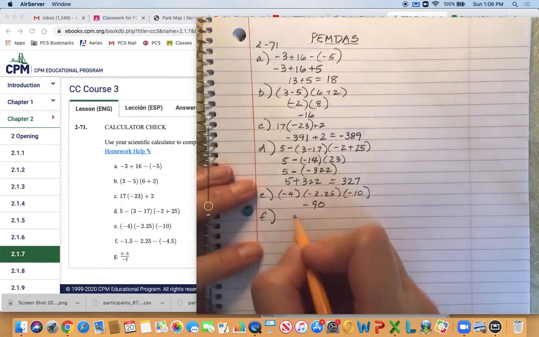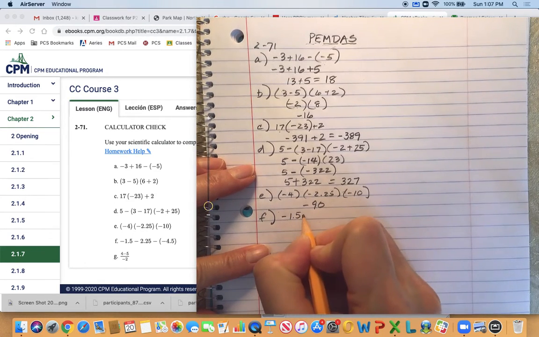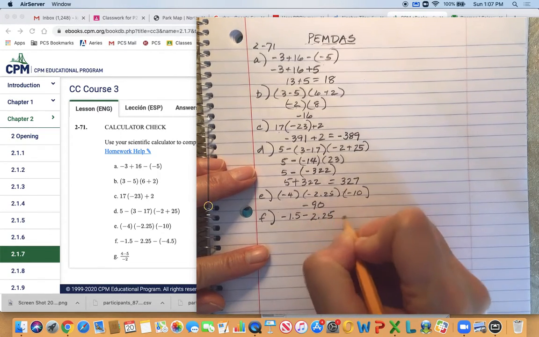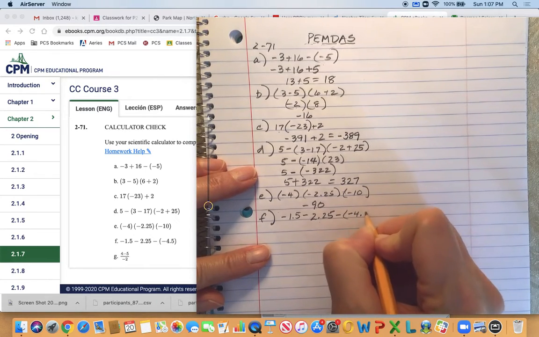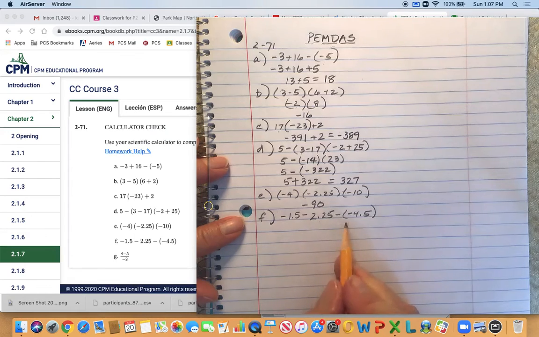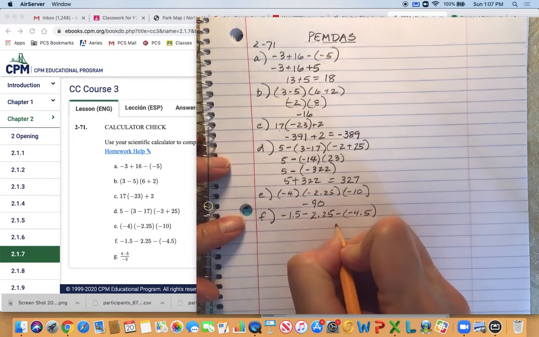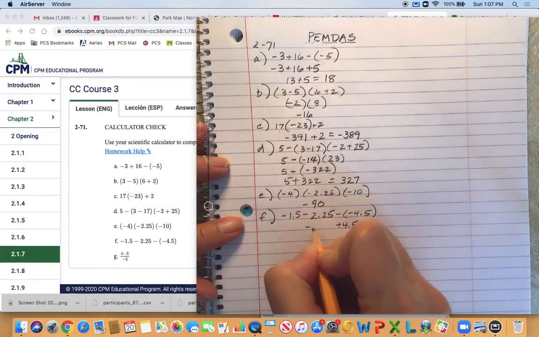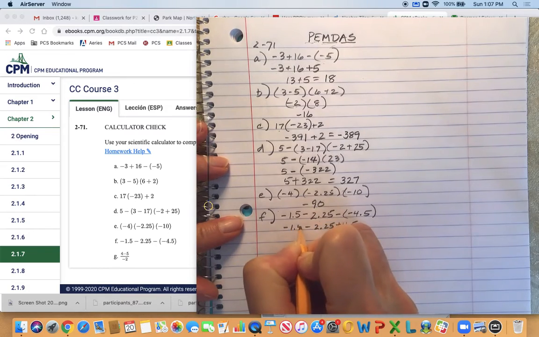So F is negative 1.5, and then minus 2.25, and minus a negative 4.5. Again, we know we need to flip this negative sign in front of these parentheses. So this is going to be plus 4.5. But we still got negative 2.25 and negative 1.5.